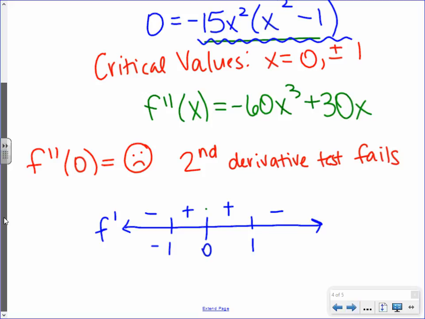Okay, so you can see why our second derivative test failed. We do not have a minimum or a maximum at 0 because there is not a change in our first derivative. Okay, so instead, we have a minimum at x is negative 1, and a maximum at x is 1.